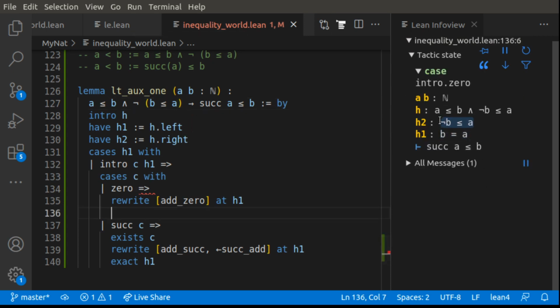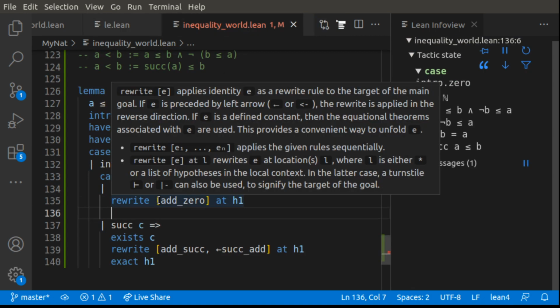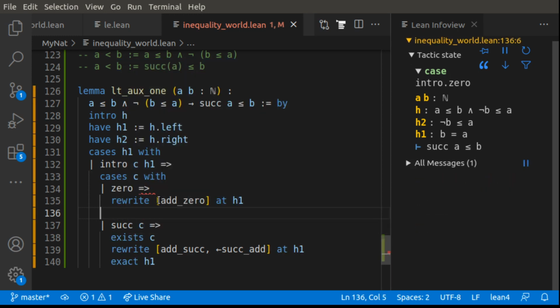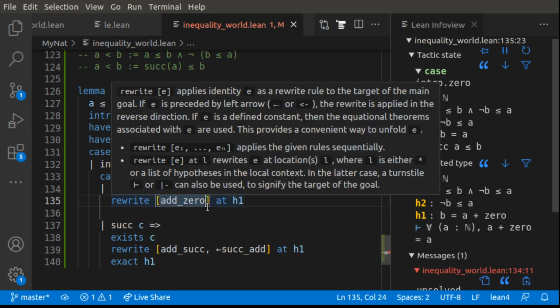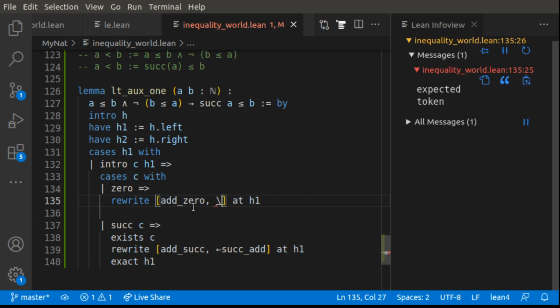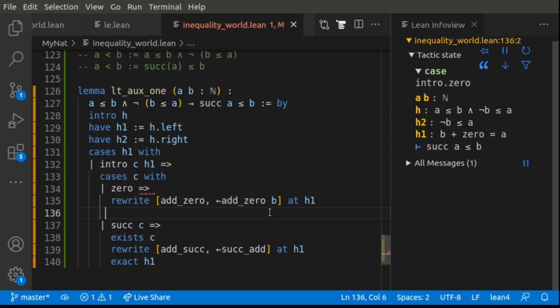We want to get B less than or equal to A, and B is less than or equal to A if B plus something equals A. So we can add 0. We can do add 0 B. Now B plus 0 equals A.